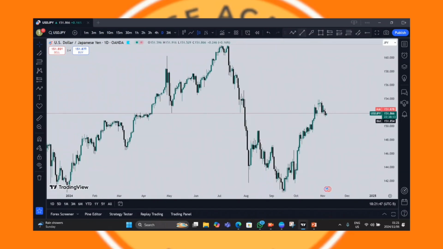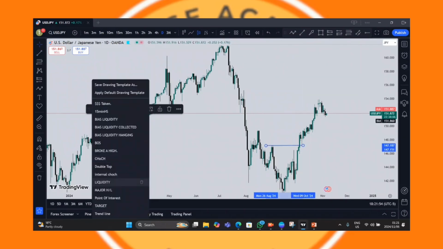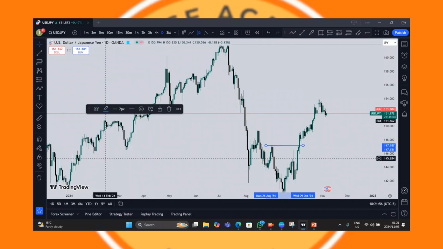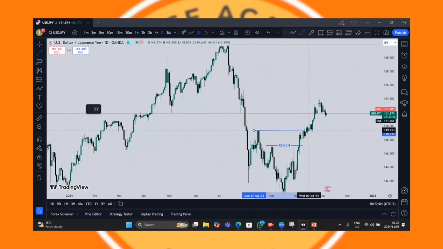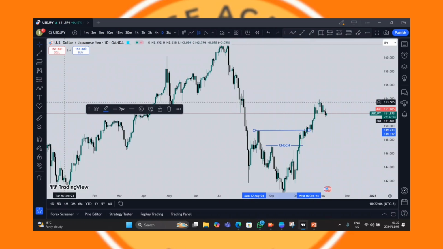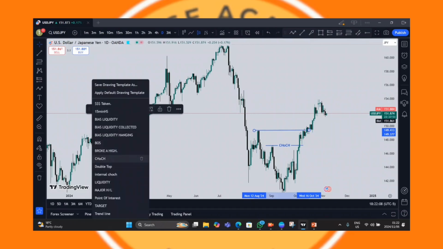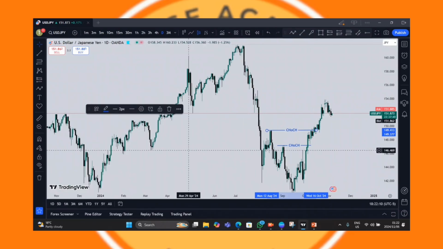So I see that we have a change of character here, which is even more confirmed with the change of character here. Another change of character, right? So that just shows how strong this bullish momentum is.